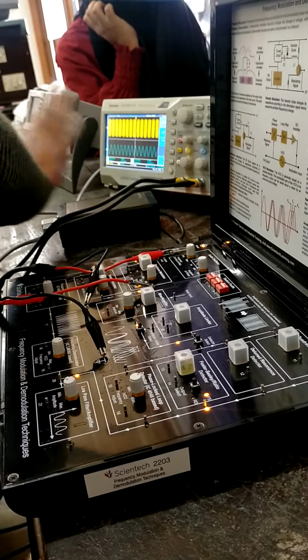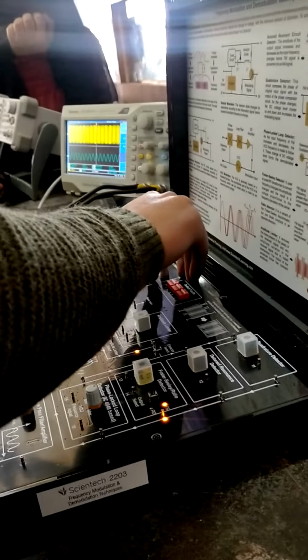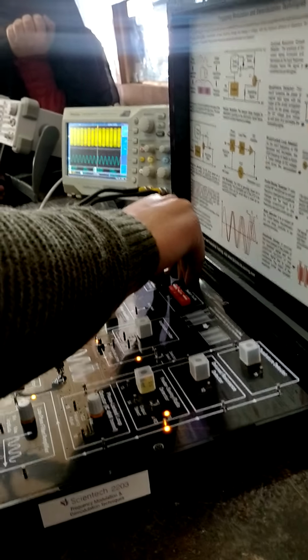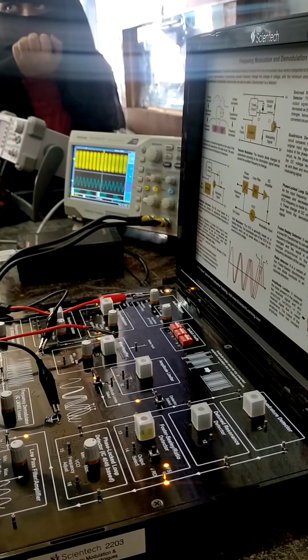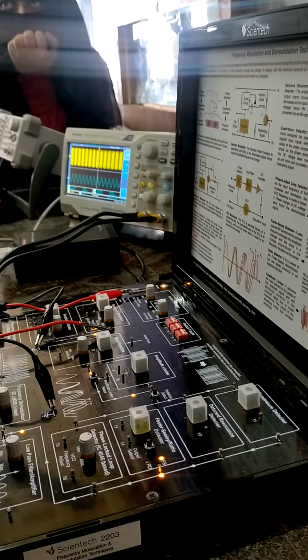After that, we utilize this FM modulator. Now, in this FM modulator, we don't change the amplitude of the carrier signal. Okay, in accordance to our message, we change the frequency of the carrier signal. You will also change the amplitude of the message signal. You will notice very similar variations will occur in the compressions and the rarefactions of the FM signal that we are producing.